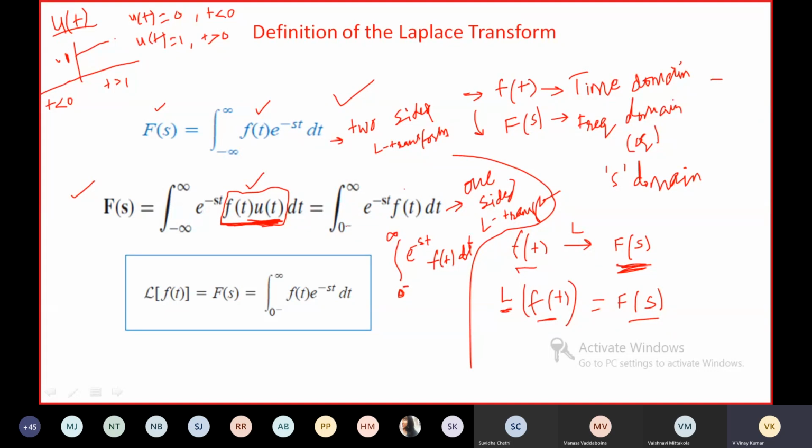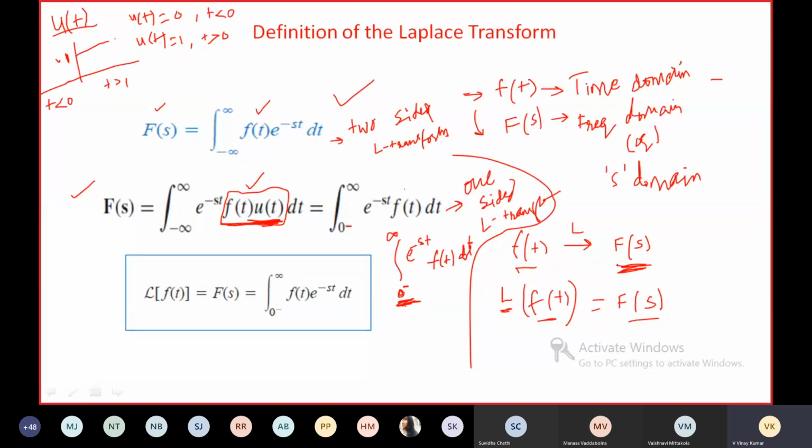If there is any discontinuity at t equal to 0, I must include that discontinuity. So I should take 0 minus as lower limit instead of 0.